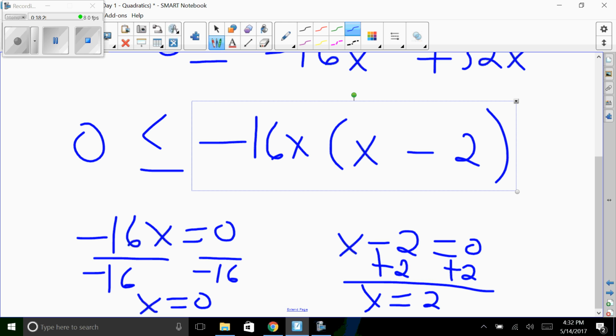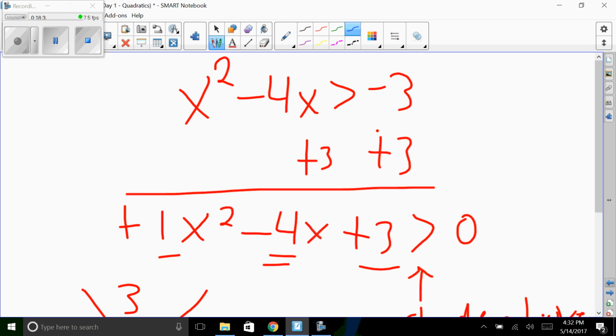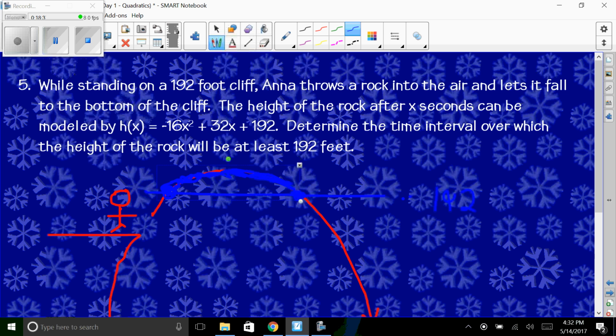Okay, so now if we go back to that picture, it seems like she was already at 192. I guess that's where her arm was. So the moment it left her hand is at 0, and then the other number was 2 seconds. Determine the interval over which the height was at least 192.